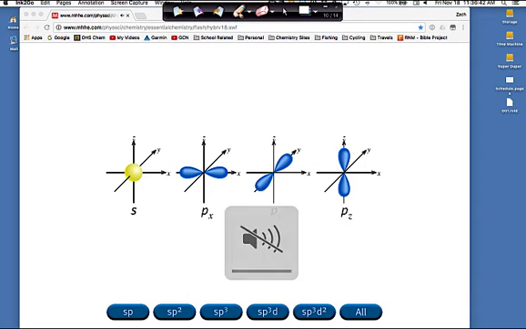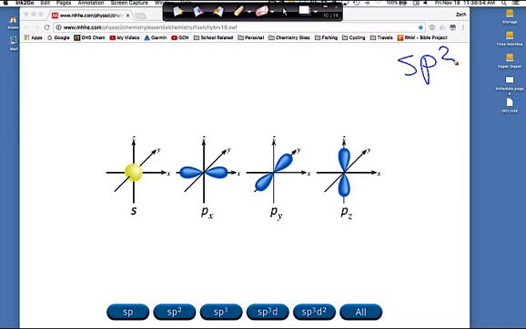I'm done with the audio. Okay. So guys, you've seen sp3, you've seen sp3d, you've seen sp3d2. What I'm going to share with you now is sp2 and then sp. So, sp2 hybridization. What is going to hybridize together as indicated by the name?